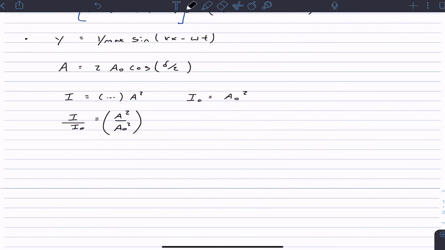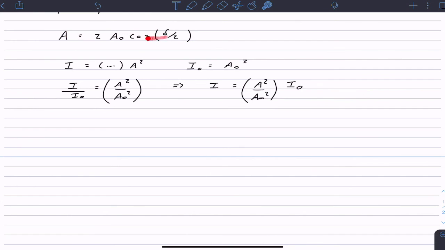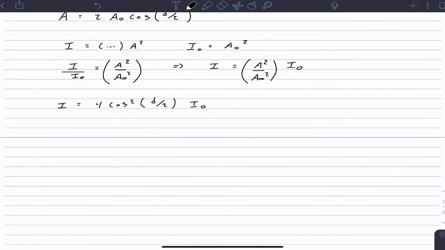This is your basic proportional relationship, which means that your intensity is going to be A squared over A naught squared times I naught. Right, well, if this is A, and we take A squared over A naught squared, so now I is equal to, if we take this over here and we square both sides, we end up with 4 times cosine squared delta over 2 times I naught, right? So this is what our intensity is going to end up being.